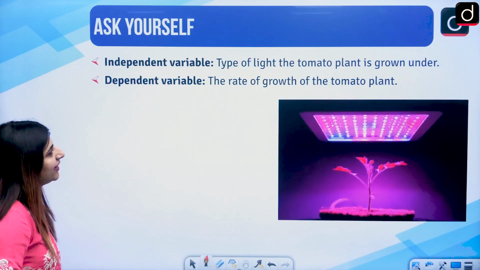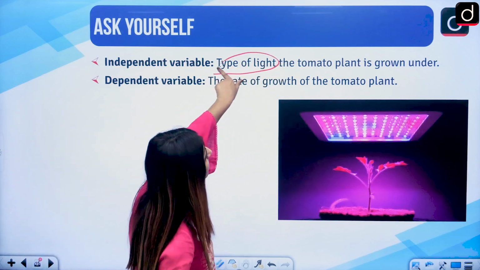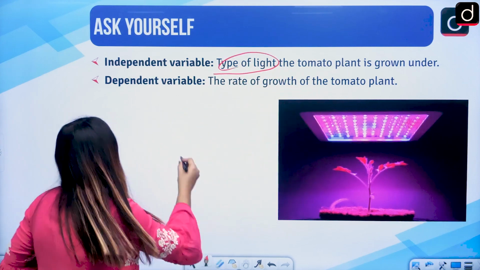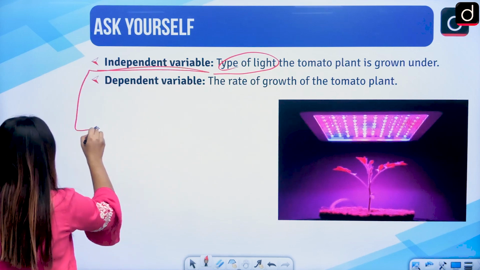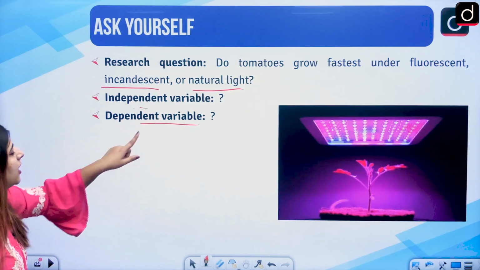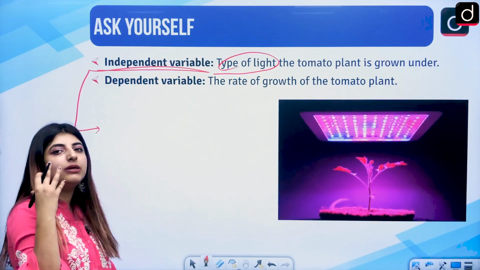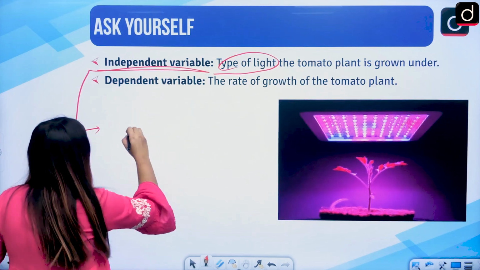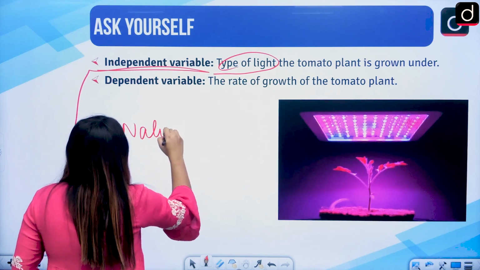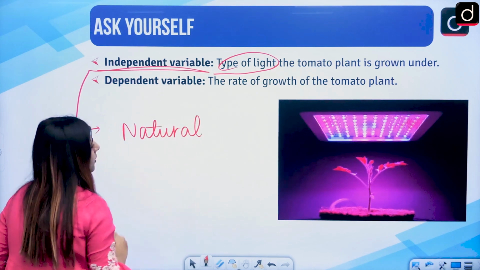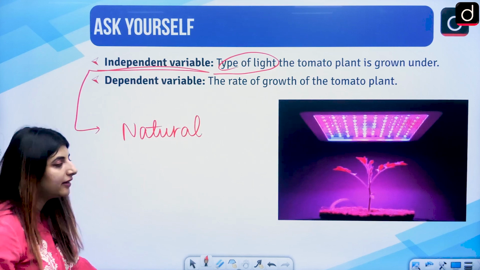So, the answer here is the type of light the tomato plant is grown under is the independent variable. And what were the types of light here? Fluorescent, incandescent or natural light. So, I will see if the tomatoes grow larger, or let's just say if the plant grows at a faster pace under natural light.